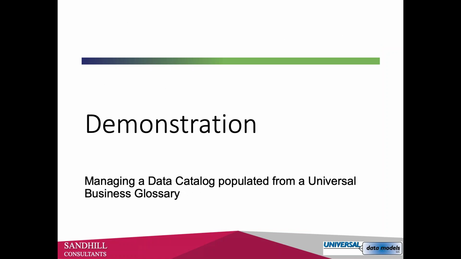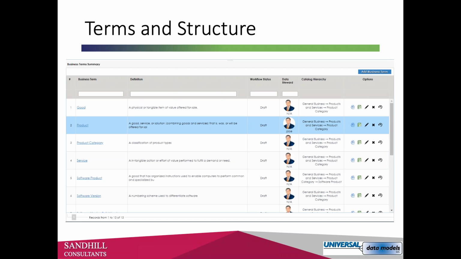So I'm going to do a quick demonstration of how this Universal Business Glossary is used in the context of the Erwin DI suite. So first thing we'll take a look at here are the terms and the structure. So in the DI suite on the far left-hand side, you can see the column that lists the name of the business term from a business perspective, followed by a definition, then its workflow status.